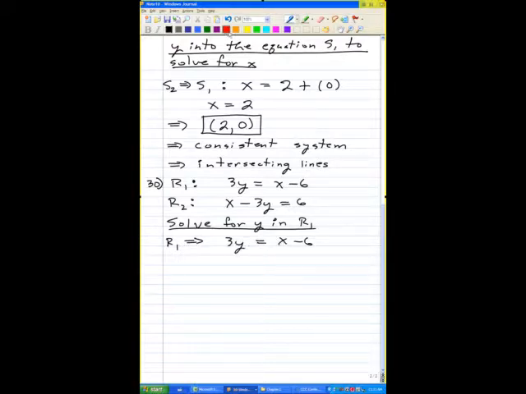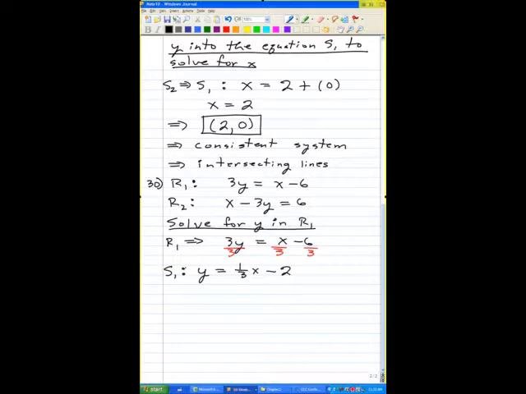So let me divide both sides of my equation by 3. And so I get that y is equal to 1/3 x minus 6 divided by 3 is 2. I guess I'll call that S1.